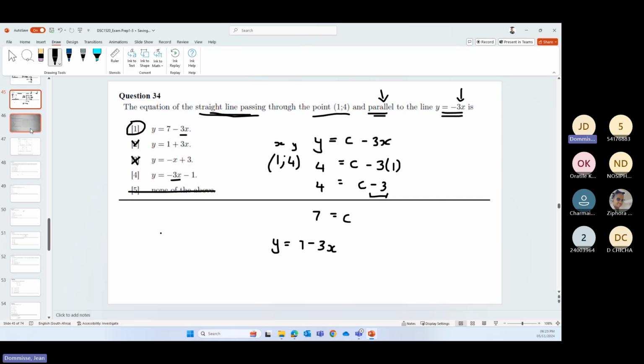I will also look at a question where they sometimes give you one point, something like n and 7, and they give you the slope as, say, minus 1, and you need to work out what n is.